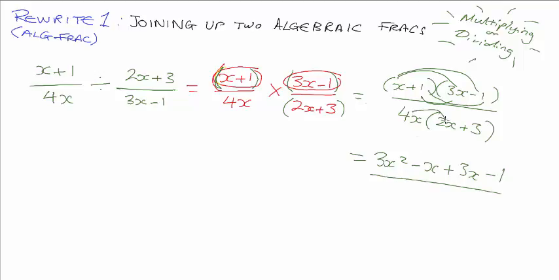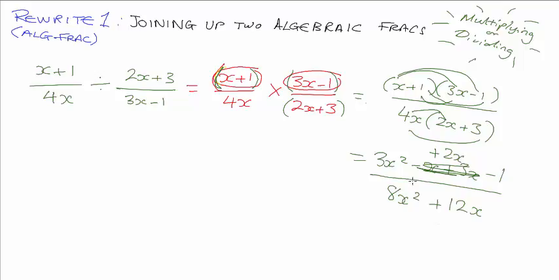For the bottom, 4x times 2x, that's 8x squared, plus 12x. If that's not making sense to you, go back to multiplying out single brackets. It's pretty straightforward. Obviously we can simplify these, so minus x plus 3x is plus 2x. There you go.